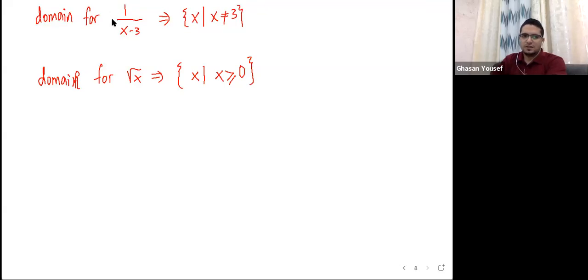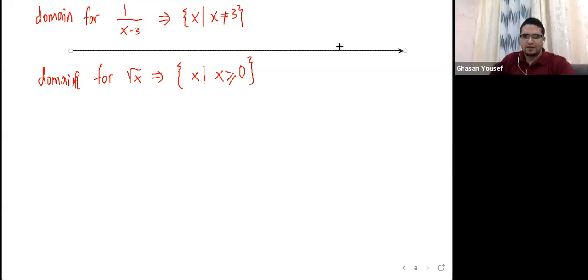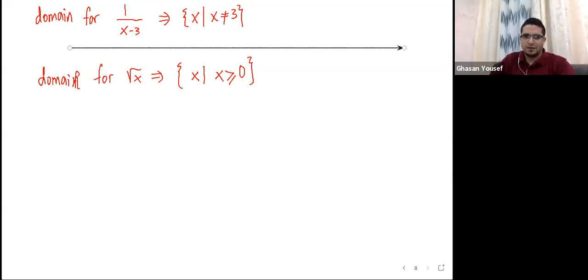So for the first function, I can show the domain on the real line. It will be everything on the real line except the number 3. Suppose this is my 0, this is 1, this is 2, and this is 3, and it's an open circle.